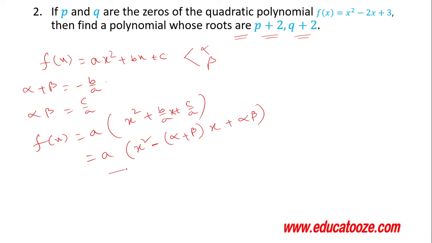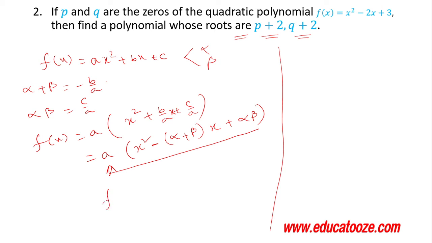So this is the way you can rewrite the polynomial using zeros. What is a? A is constant.